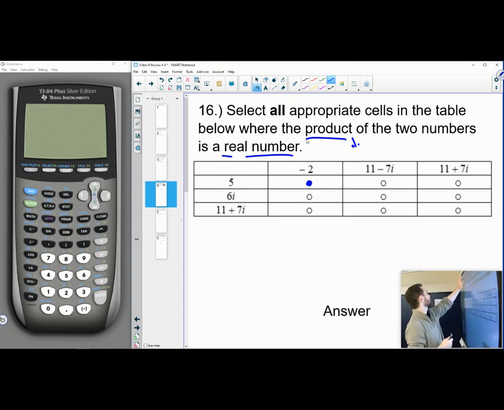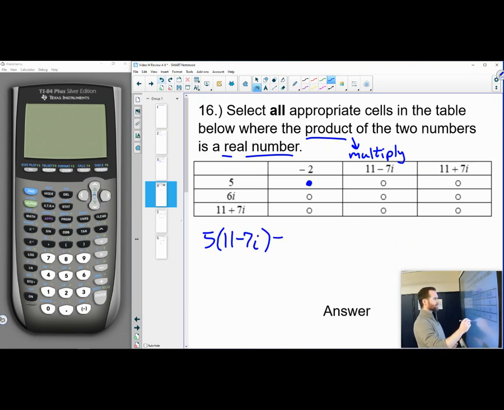So it's 5 times 11 minus 7i. We distribute. 5 times 11 is 55. And 5 times negative 7i is negative 35i. And that's as far as we can go. There's still an i in our answer, which means it's not real, so we do not choose that cell because we're looking for real numbers.